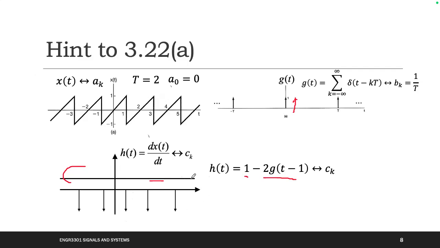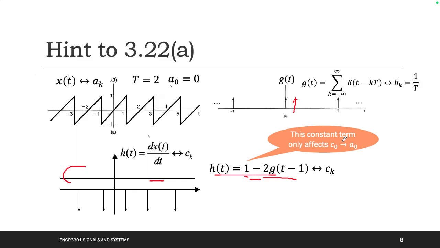Why is there a negative? Because it's flipped. So h(t) equals this one. And this constant term only affects c naught or a naught, so we don't need to consider it for c_k.